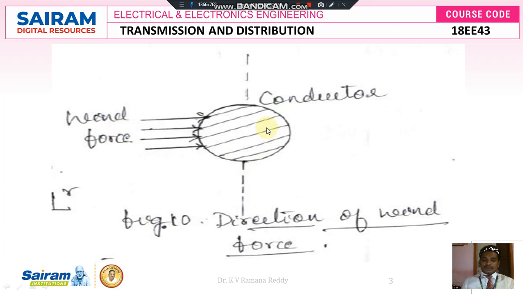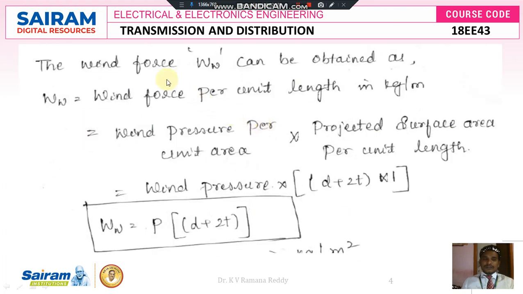area of the conductor. Next, the wind force is represented mathematically as W suffix W, that is wind force per unit length, whose units are kg per meter. We find that wind force as the product of wind pressure per unit area and projected surface area per unit length.